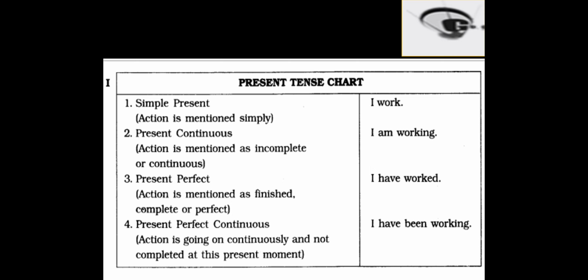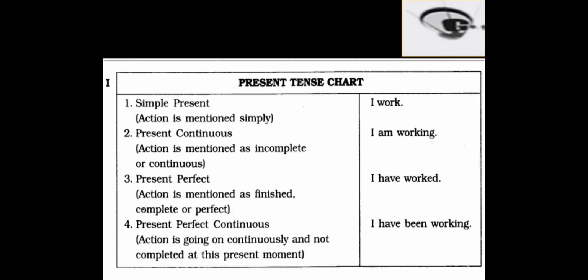Now, simple present tense is the tense where action is mentioned simply. For example, I work. Present continuous tense is the tense where action is mentioned as incomplete or continuous. For example, I am working.